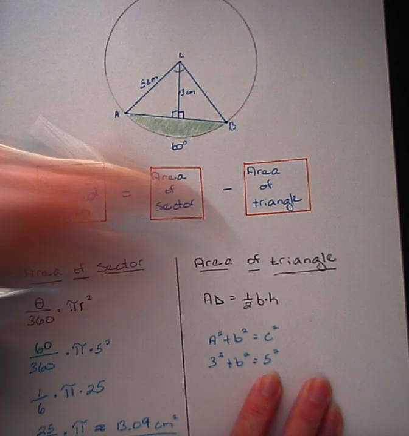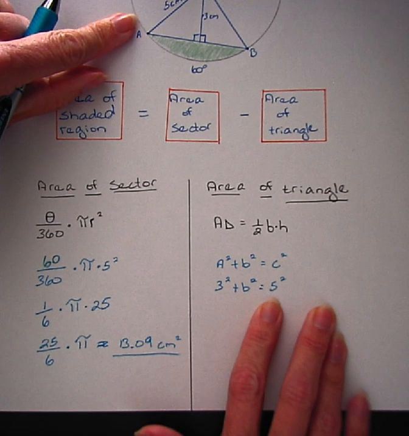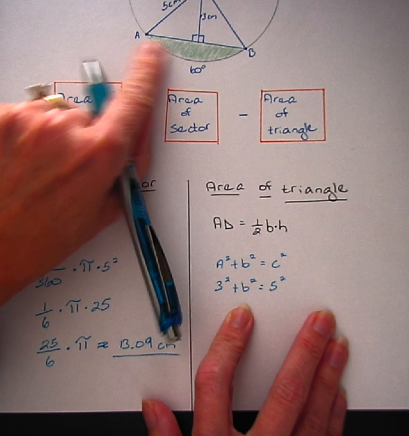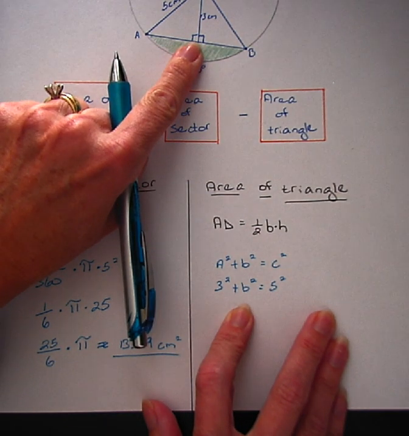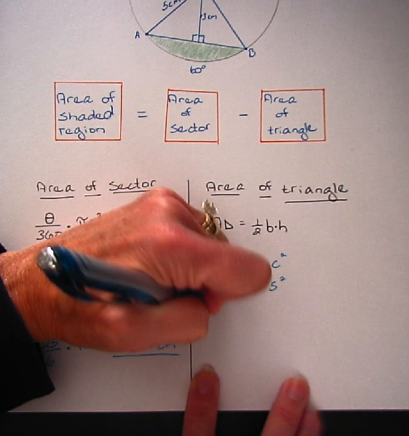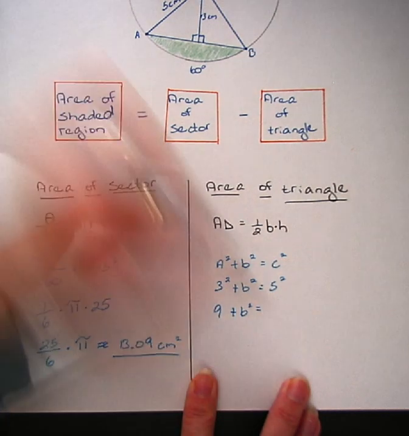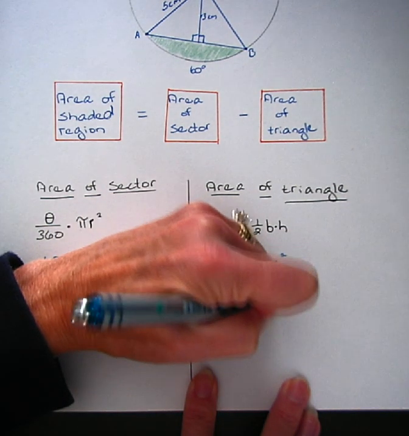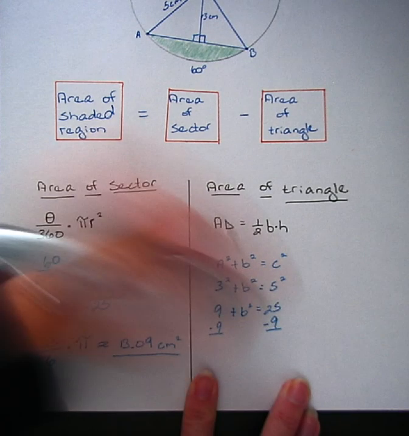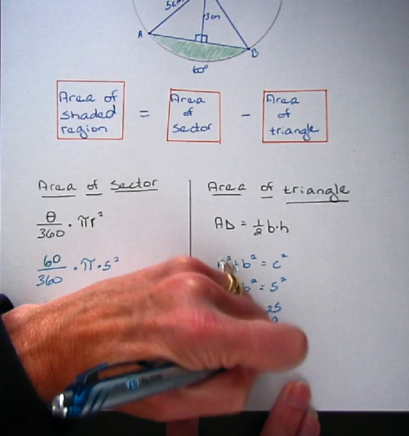We're going to use this to figure out what the length from A to that altitude is. That would be half of my entire base. So 3 squared is 9, plus B squared, equals 5 squared, which is 25, and then subtract 9 from both sides, and you get B squared equals 16.